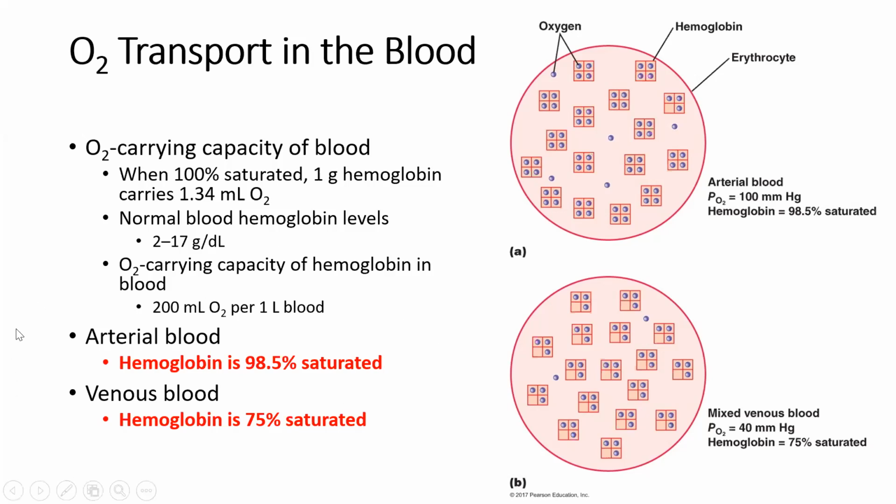Now, if you think about our arterial blood, this has hemoglobin in its fully saturated state, and it's not actually 100% saturated. It's actually about 98.5% saturated, and that is kind of the maximum saturation that we see in the state of hemoglobin in our blood. In our venous blood, again, we see about 75% saturation.